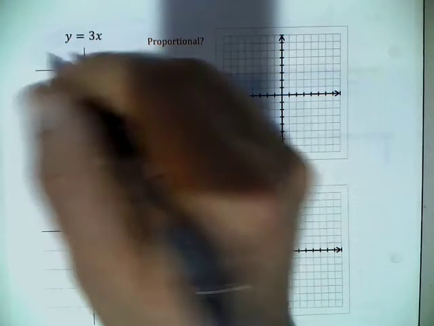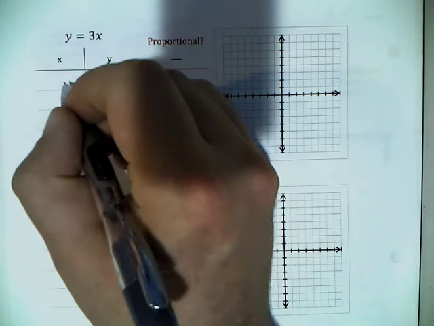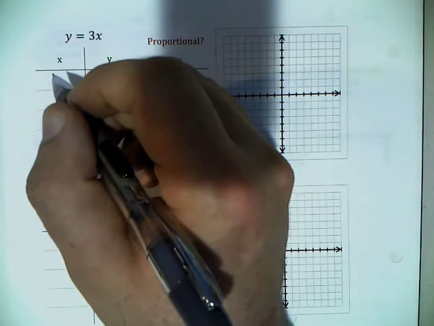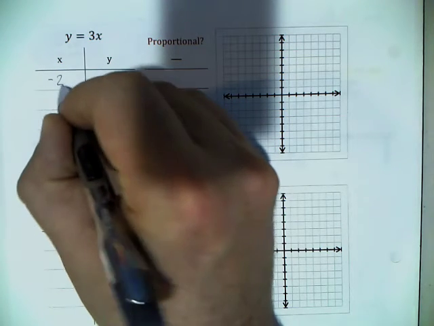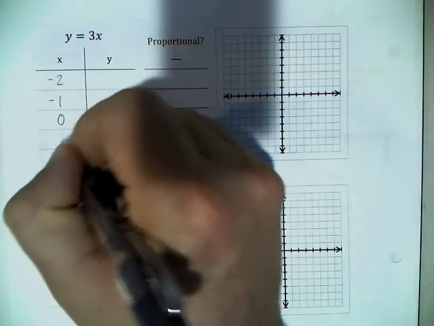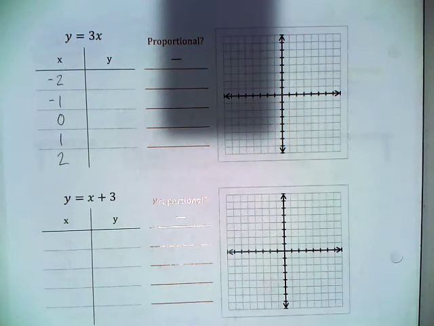So typically I like to go, let's see, let's start on the left with like a negative 2 and work our way up to a positive 2. That's usually a good spread right there. Gives us a nice amount of points that we can kind of find the shape of this.